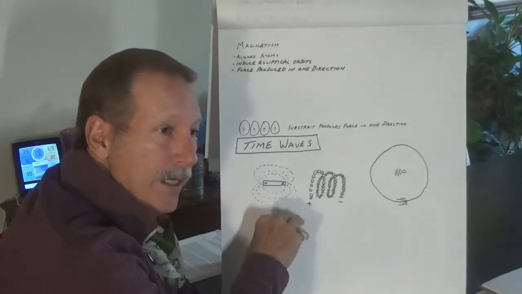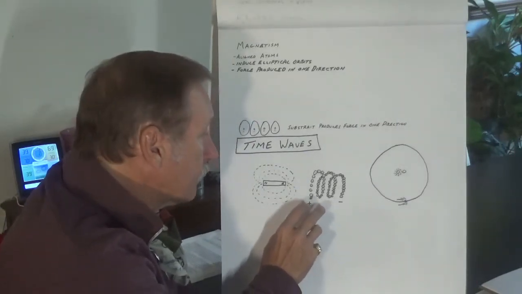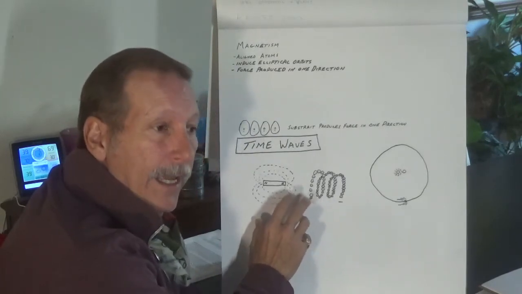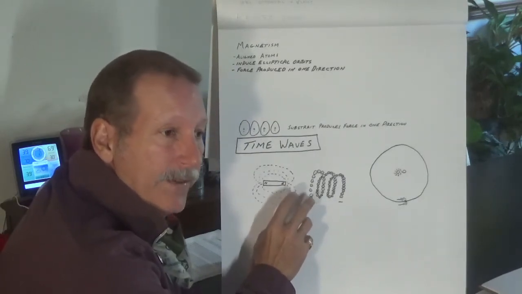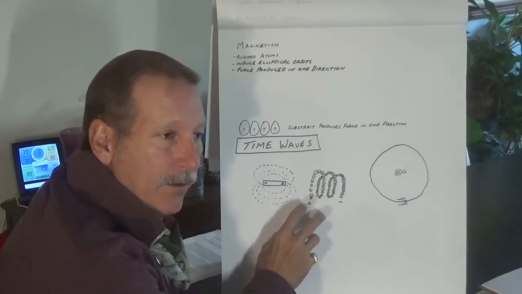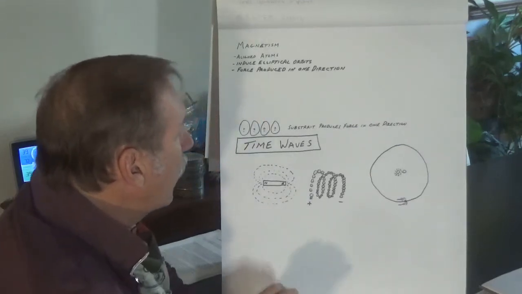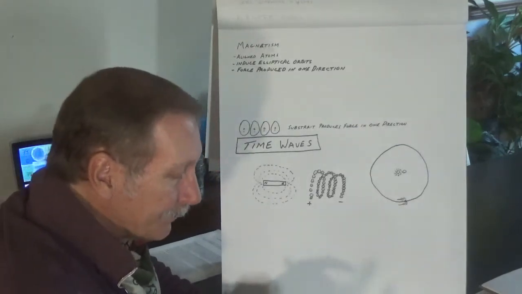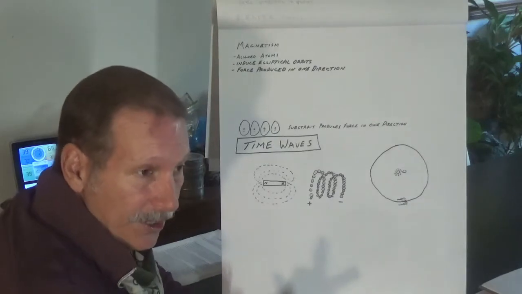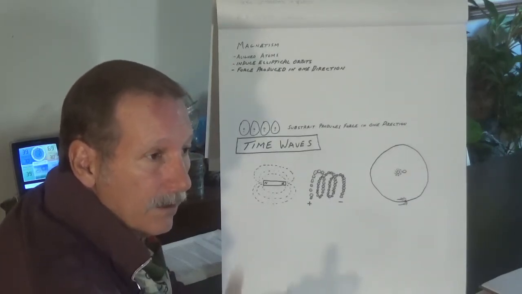It's a time wave that influences conductors, and those time waves have an effect on anything moving at time speed or relativistic speeds. So that gets us electricity, which is elliptical orbits in the conductor moving down the conductor at the speed of time.